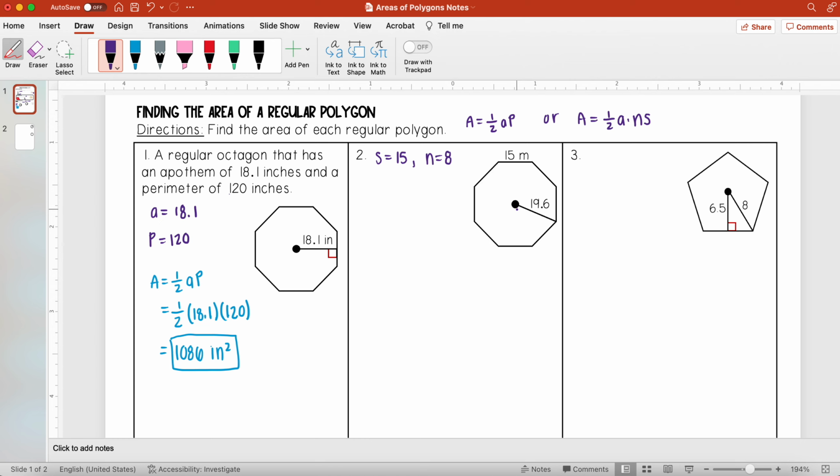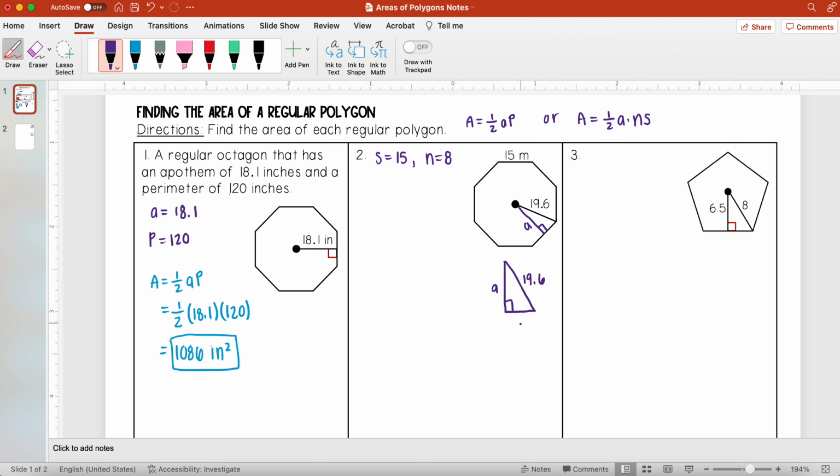Well, we learned in our last lesson about the apothem, and so I can draw an apothem here from my radius. That's going to be A. And so I can create a right triangle right here. If I redraw this, I have a right triangle. This is my side length A. My hypotenuse is 19.6.